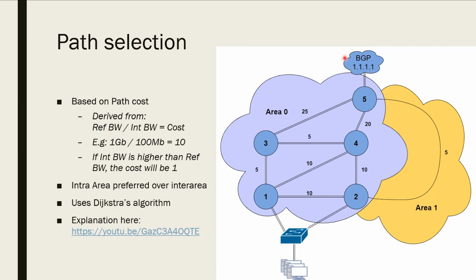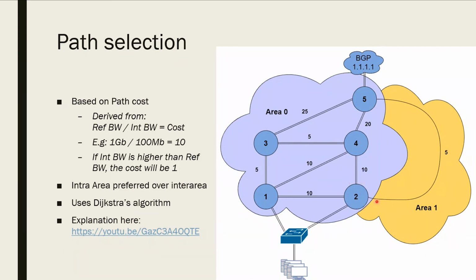One other thing to take into consideration is intra-area paths. Intra-area paths are preferred over inter-area paths. What that means is paths inside an internal area are preferred over the inter-area connections that we have.